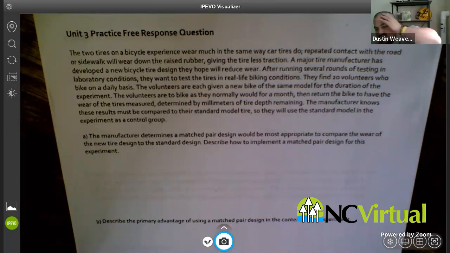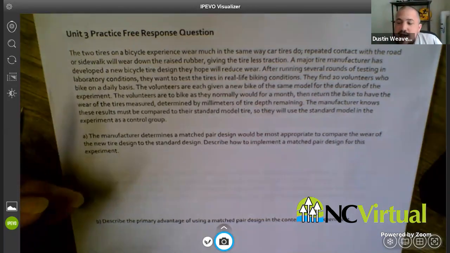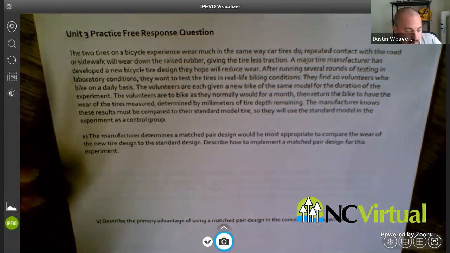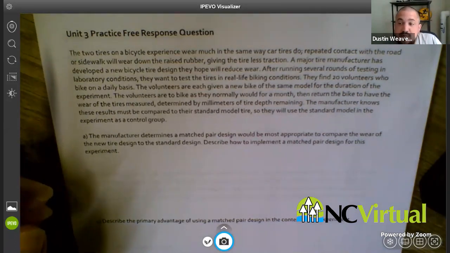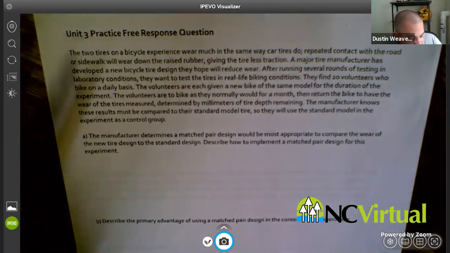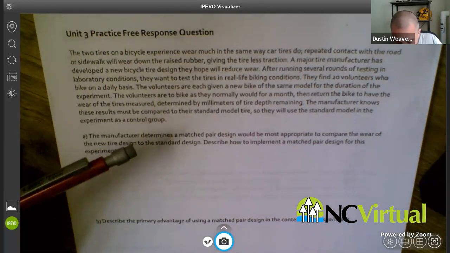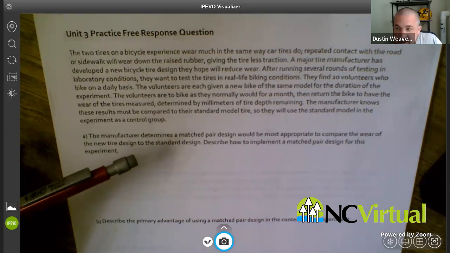Yes, so Mary asked, sorry, I just looked in the chat, can I review the difference between strata and blocks? So stratified is what happens in sampling. So stratified is splitting them up into groups, but it is not an experiment. So stratifying is when you split people up into groups before you take a sample.